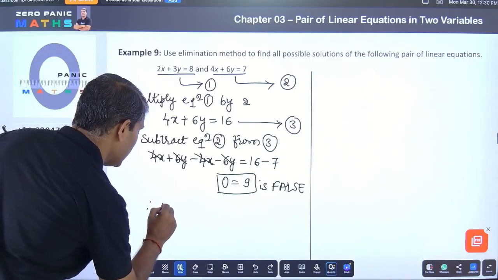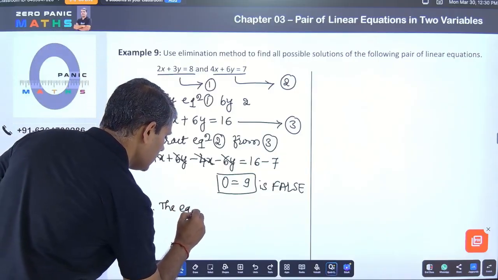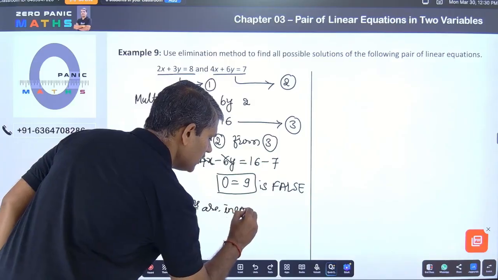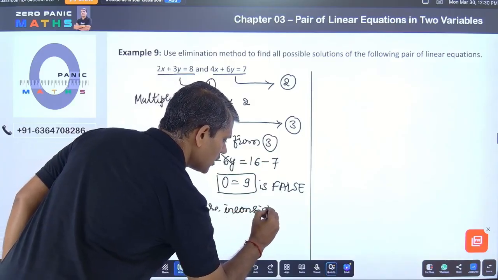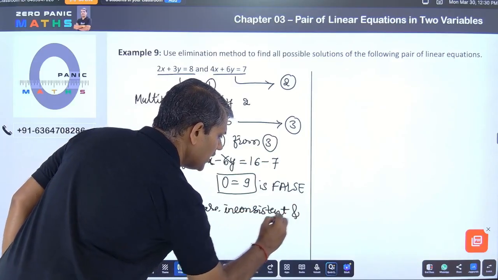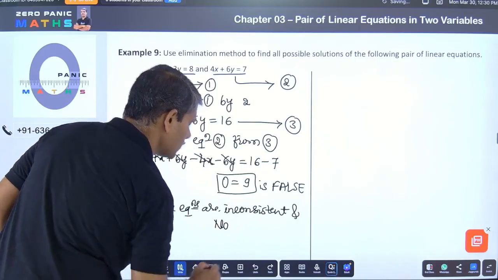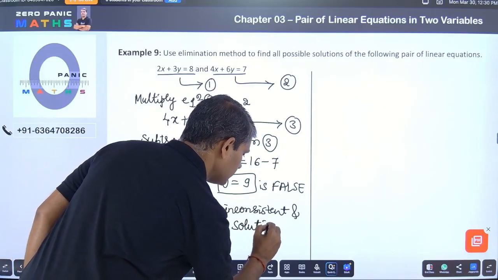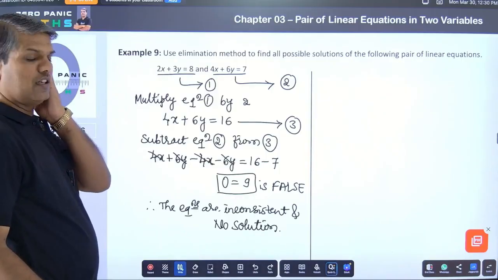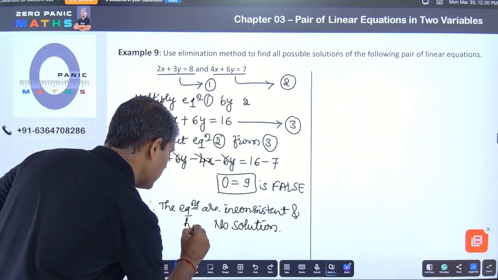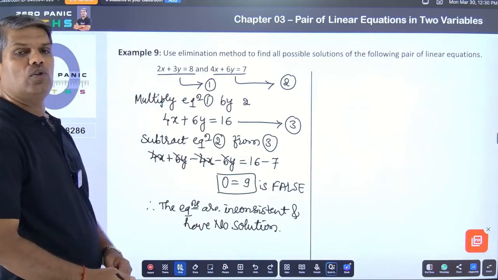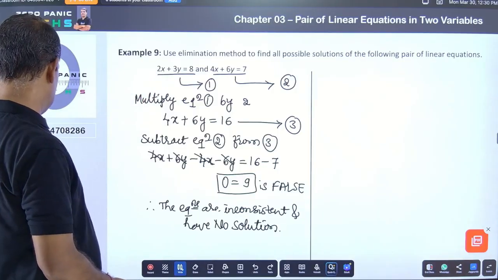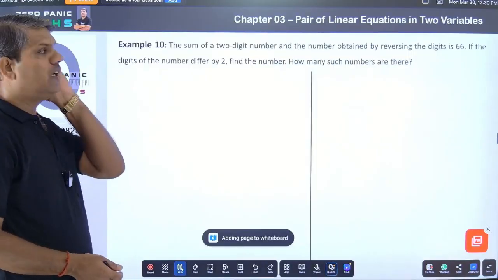Therefore, the equations are inconsistent, and inconsistent equations have no solution. This is the solution for example 9. Let us quickly move to example 10.